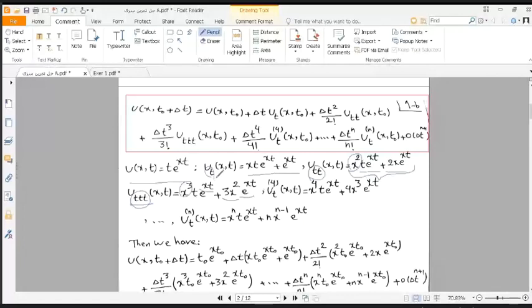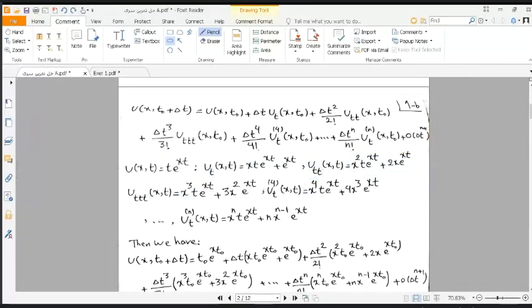For the second derivative, x to the power 2. For the third derivative, x to the power 3. And so for the fourth derivative, we have x to the power 4, times t e to the power xt, plus 4x cubed e to the power xt. The rule of the nth derivative is clear until now.